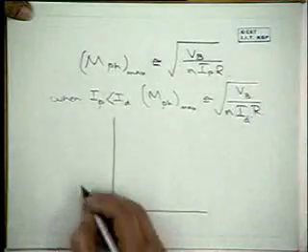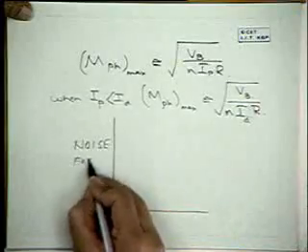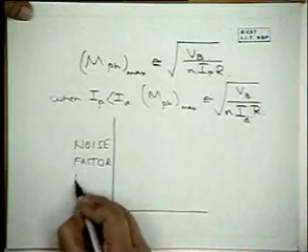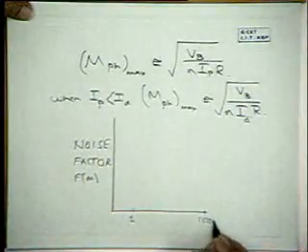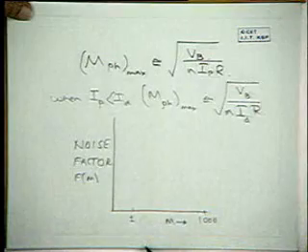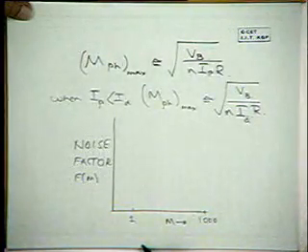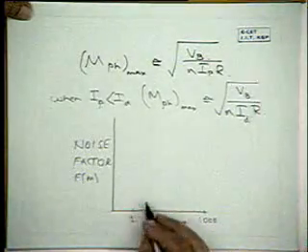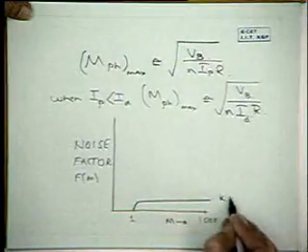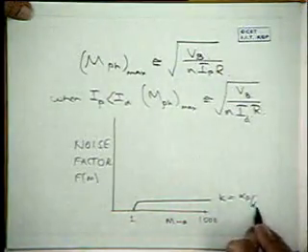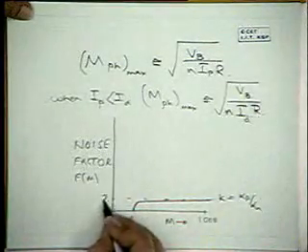Similarly, we can draw a graph of how excess noise factor, that FM, varies as M, and we find that it is obviously a limiting condition when K is alpha P by alpha N. Okay, when this is equal to 0, then we have this excess noise factor is just 2, right?